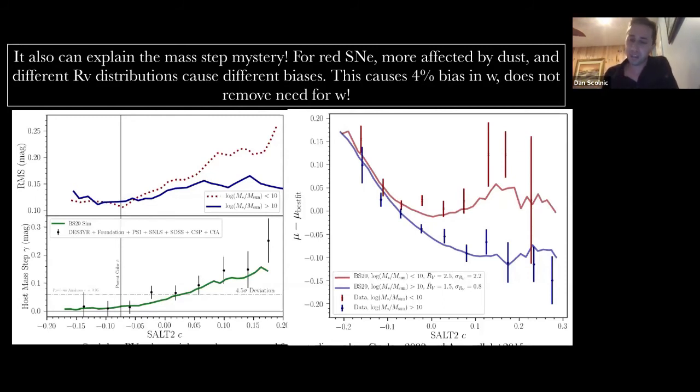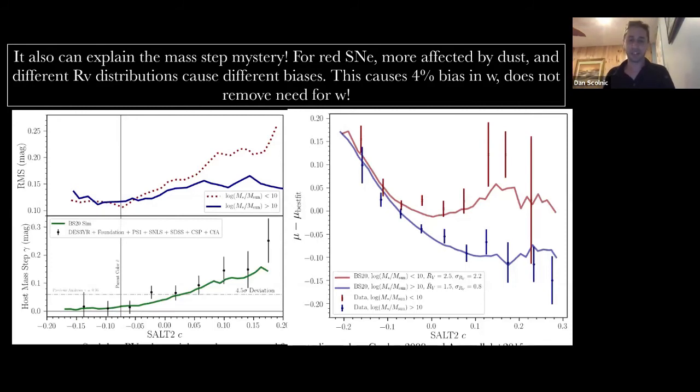Now, if you put in these models of these distributions of extinction ratios, what I'm showing on the right here is the Hubble residuals versus color for supernovae in high and low mass, and you could totally predict the trends seen in the data. So if this was progenitors, then there's no reason that the progenitors should have some dependence on the supernova color, so that a red supernova will just go off when the progenitor is this.